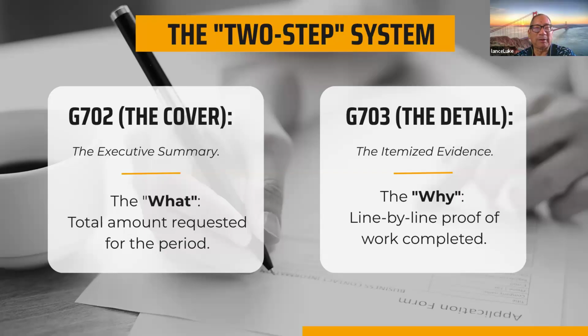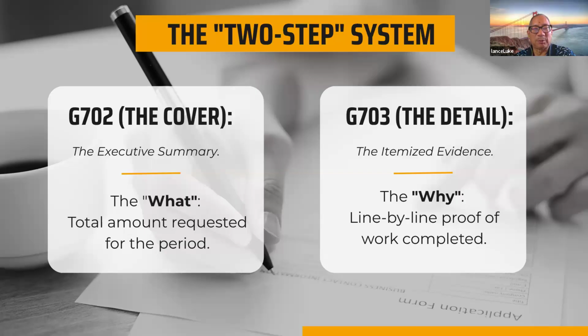Now, the detail, which is on G703, is the itemized evidence. So line items such as foundation, framing, roof, etc. So the G703 is the why, line-by-line proof of work completed.